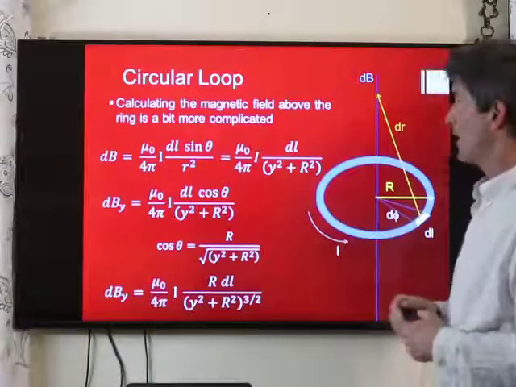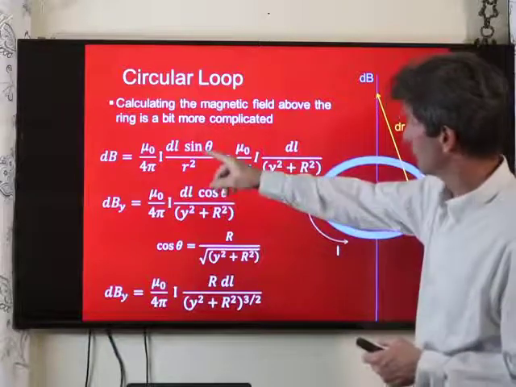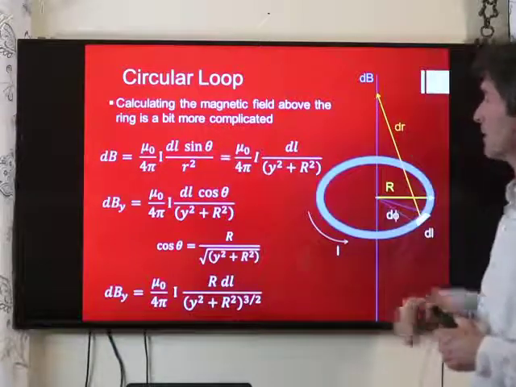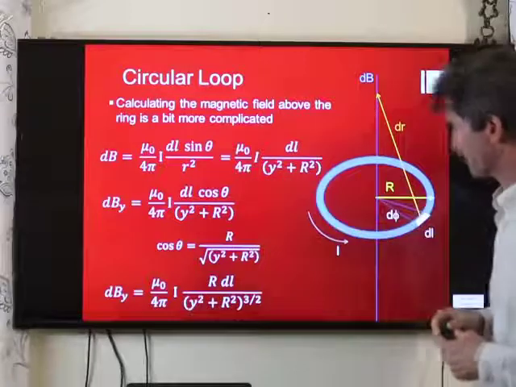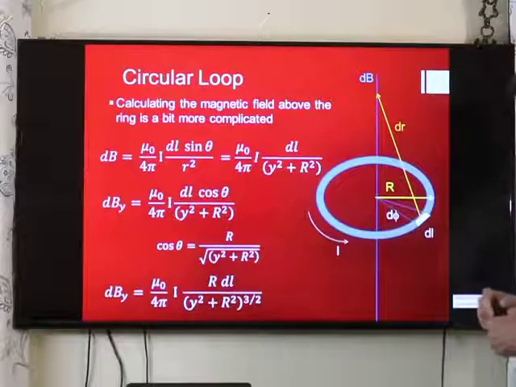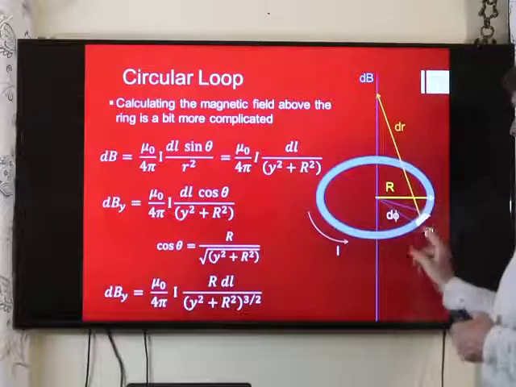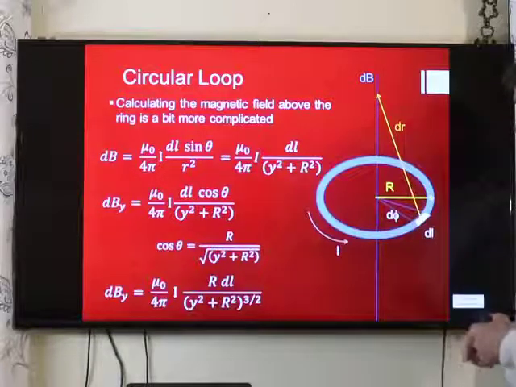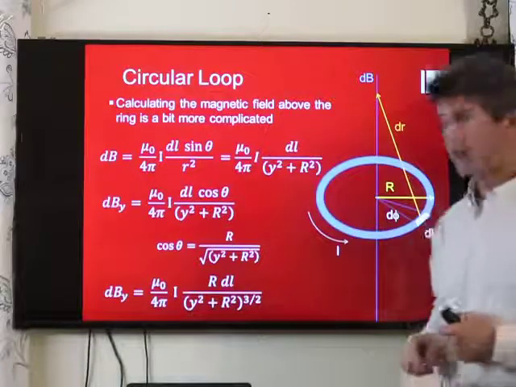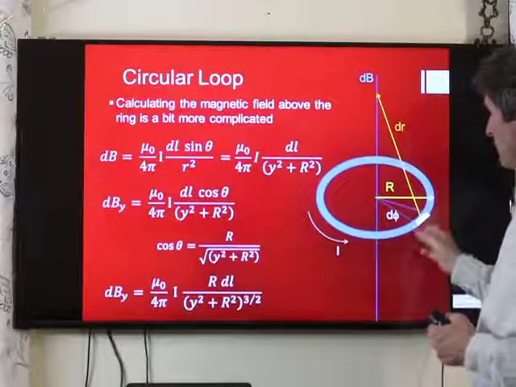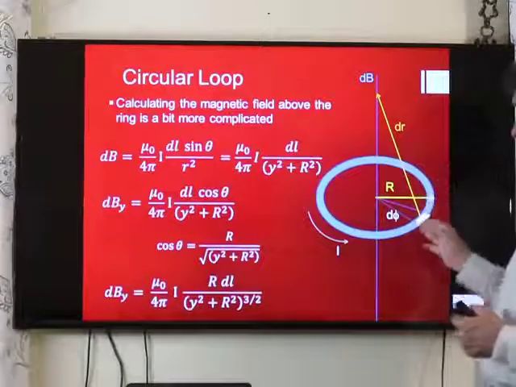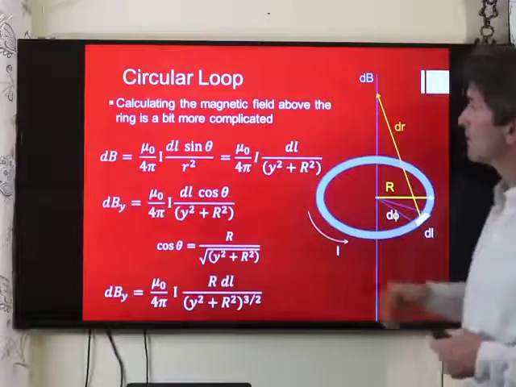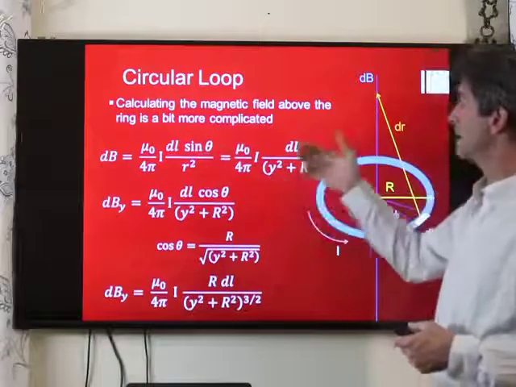Again, we have dl sine theta over r squared. In this particular case, dl goes this way. R is pointing at a 90-degree angle with respect to dl. Even though it's not pointing perpendicular to this plane, it is perpendicular to dl. So sine theta can just become 1.